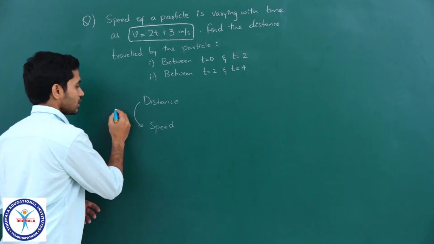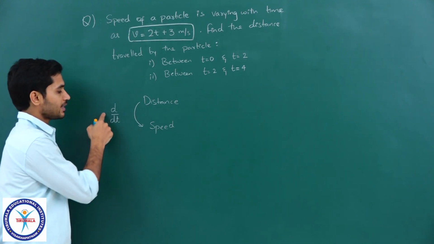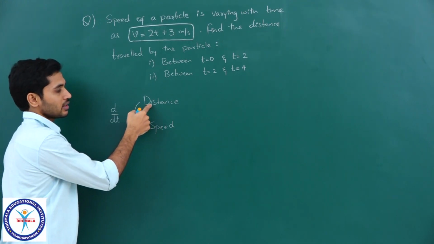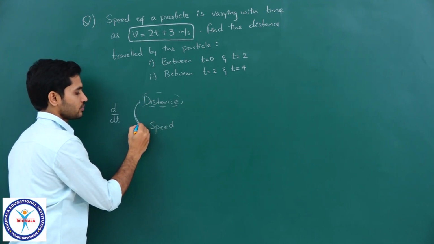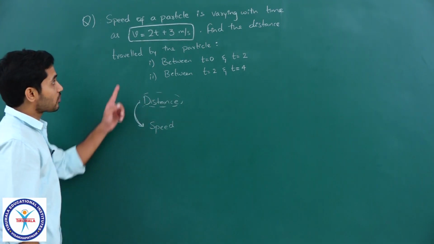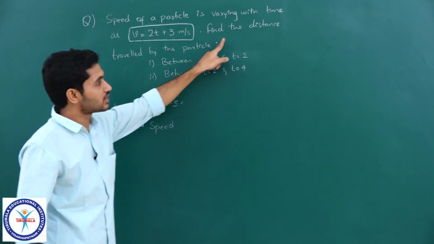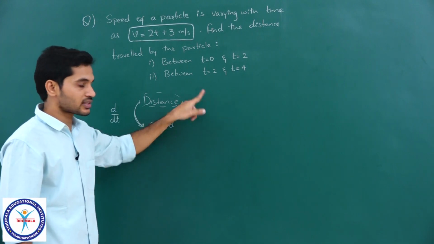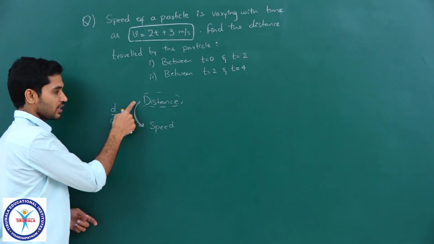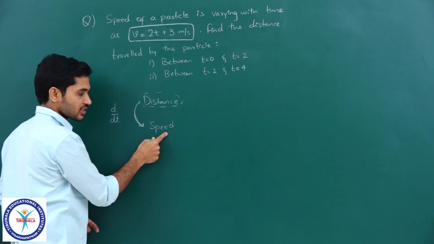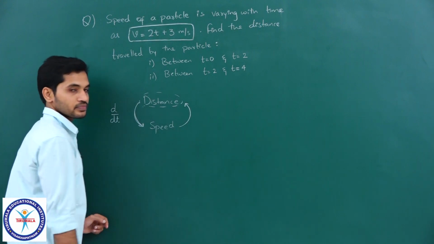When I perform the derivative operation, d by dt, on distance, I get speed, correct. But if you observe the question, they have given us the speed and they are asking us to find the distance. So they are asking us to do the reverse. When I know distance and need to calculate speed, I differentiate. When I know speed and have to calculate distance, I need to perform integration, correct.